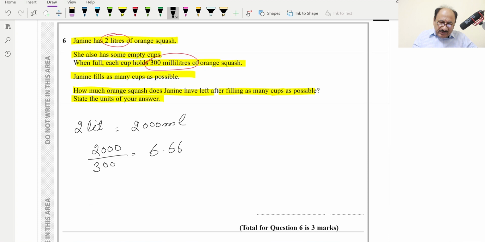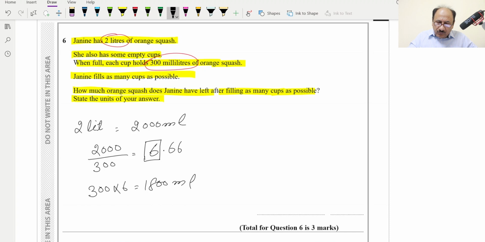So it means that 6 cups will be filled and the remaining will be the leftover. Each cup is holding 300, so 300 multiplied by 6, this will be held by 6 cups, so this will be 1800 milliliters.